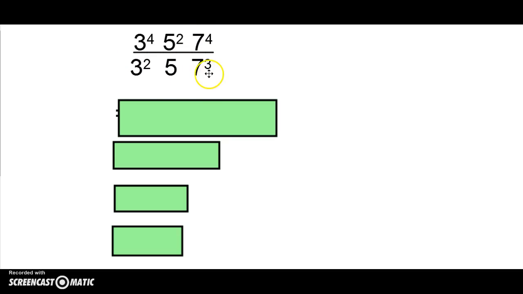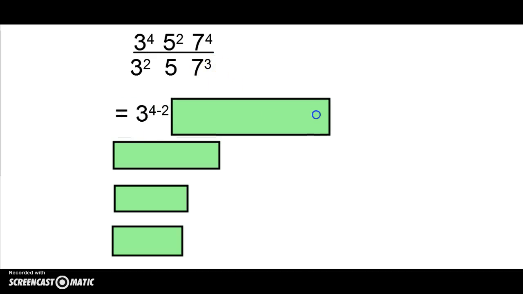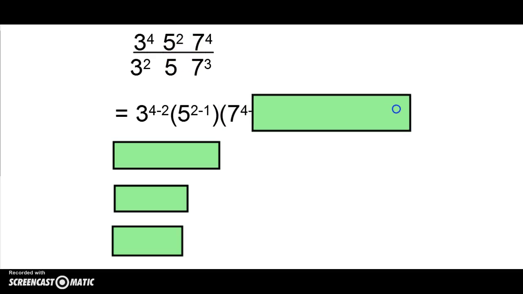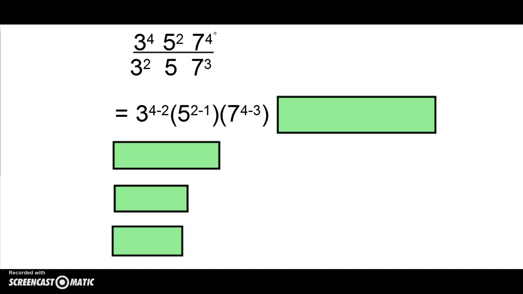You do the same thing in the denominator. So the first one would be 3, and then you would subtract your exponents, 4 minus 2, times 5, and you'd say 2 minus 1, and then the last 7, and 4 minus 3.